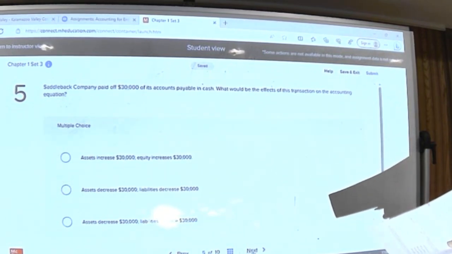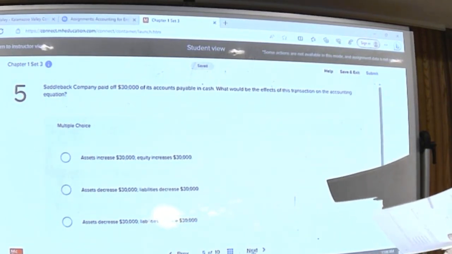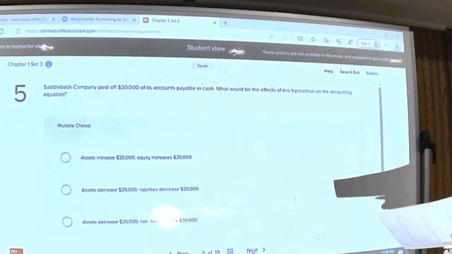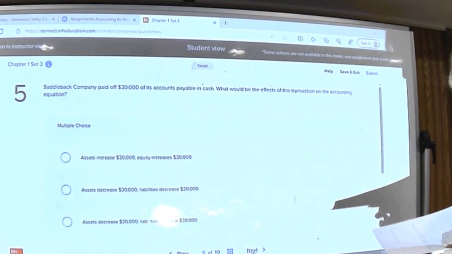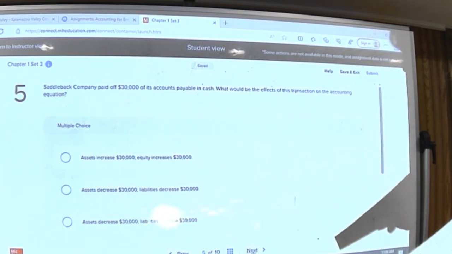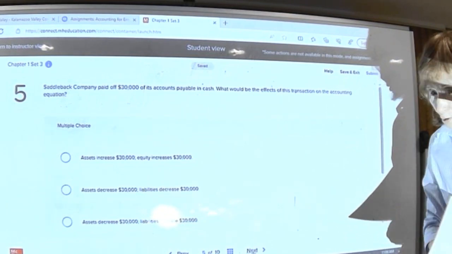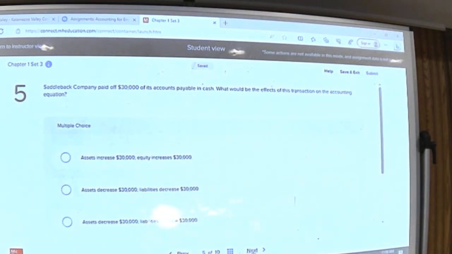So this company, Saddleback company, pays off that accounts payable, takes some cash, writes a check, reduces cash by 30,000, and reduces liabilities for 30,000. Okay, so assets decrease, liabilities decrease. The second response is what you want there.